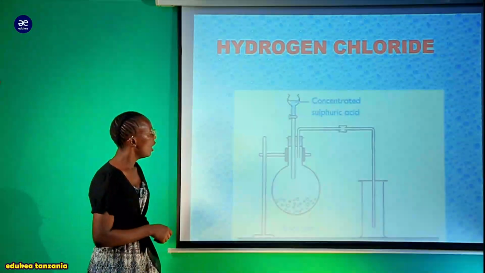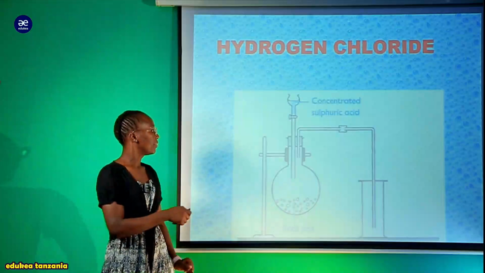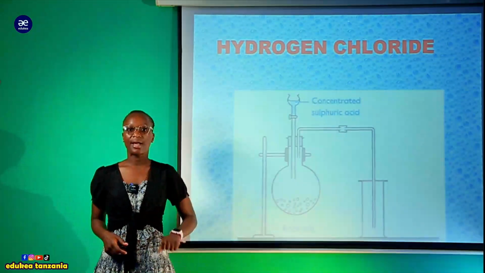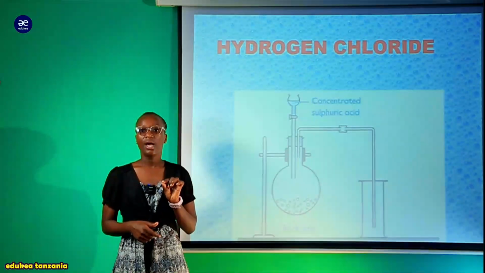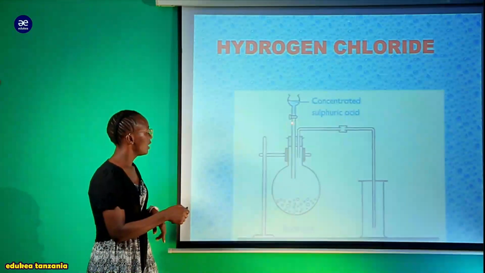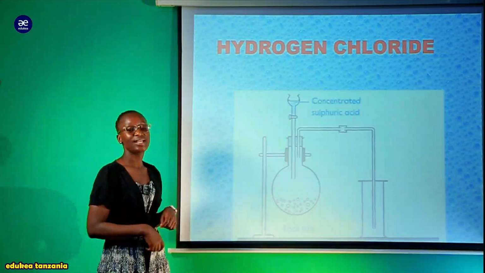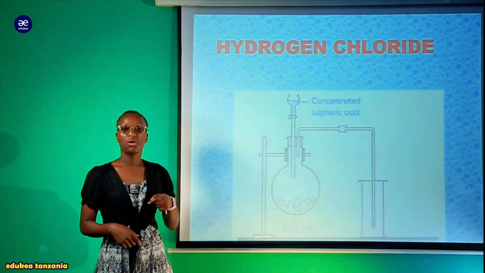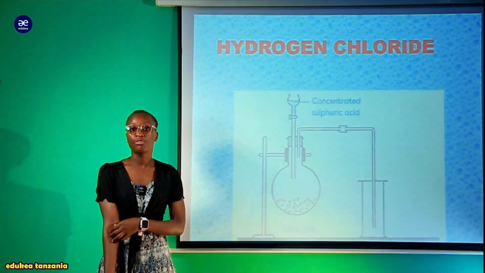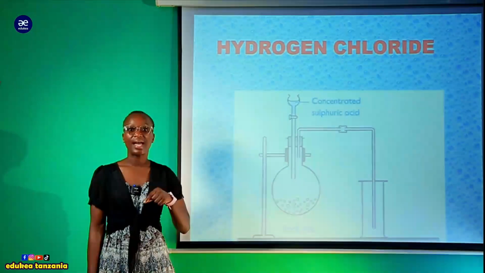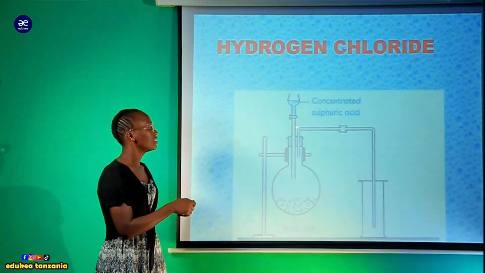But here in this funnel we have a tap, this one aka kadude aka kama ka cork vile. So hapa kanatumika ku adjust, we are able to adjust it, kwamba okay, this concentrated sulfuric acid inaweza ingia kwa kiasi gani, tunaingiza kidogo kidogo. So you adjust, unatumia hiki kikoki kufungua kama unapofungua koki ya bomba la maji nyumbani. So is where you can adjust this one.